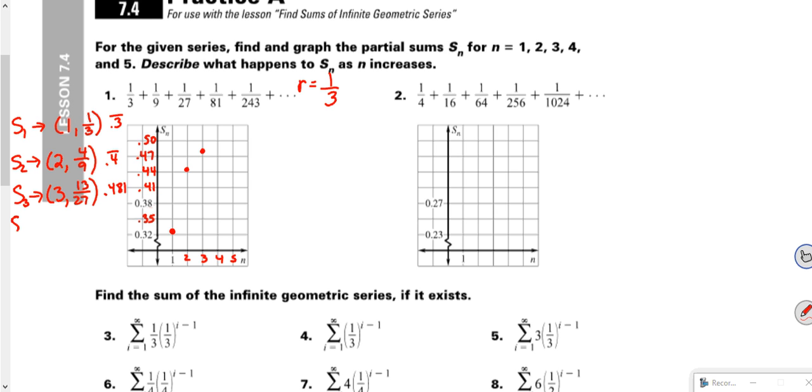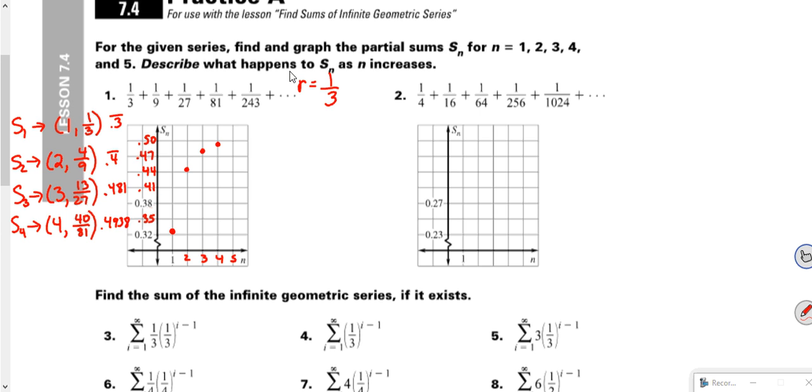The sum of the first four terms would be the ordered pair 4, 40/81. Again, I just poked those in my calculator, and that is 0.4938. So we are getting pretty close to 0.5.